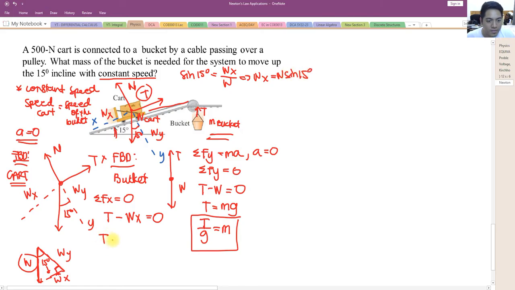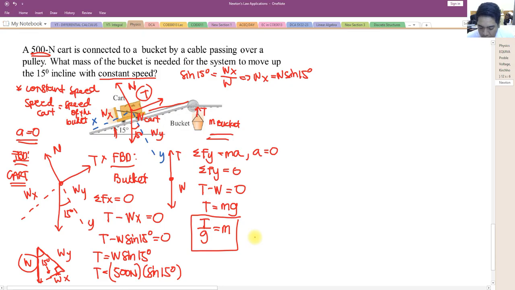So this would be T minus W sine 15 degrees equals 0. Now we have the value of the weight of the cart. That's 500 newtons. So we can get the tension by just transposing W sine 15 degrees to the right side. So now we have tension equals the weight of the cart, 500 newtons, times sine 15 degrees.